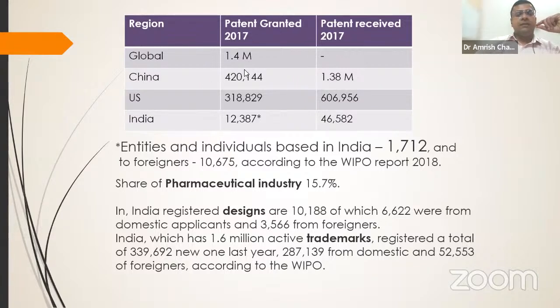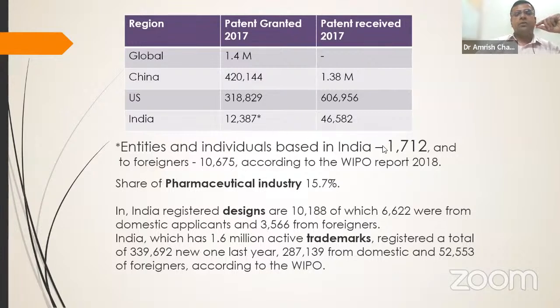And in terms of granting, 4 lakh patents were granted in China, 3 lakh patents were granted in the US, and in India only 12,000 patents were granted. And the number of 46,000 is also less. So the number of filings is also less, and granting will obviously be less.